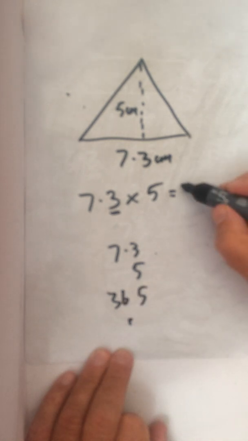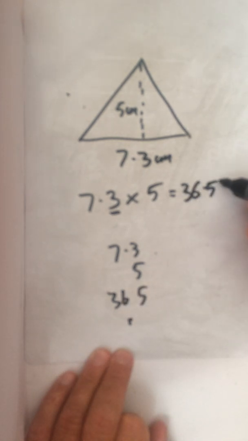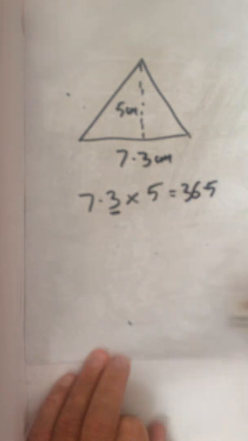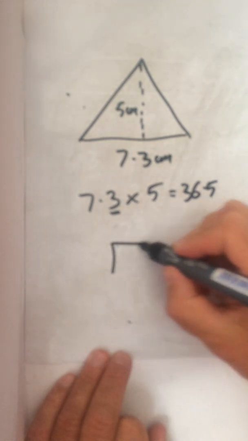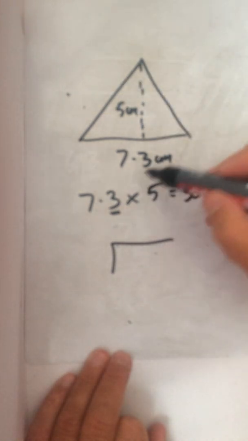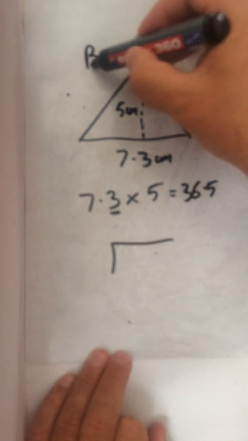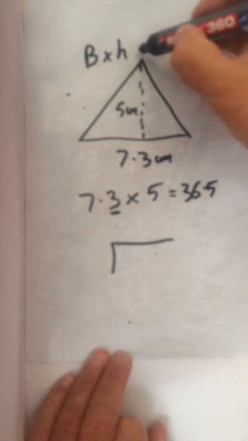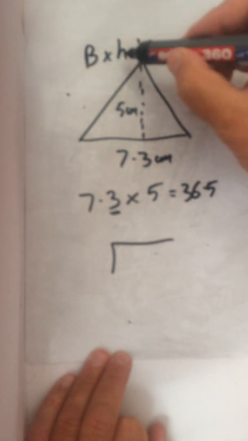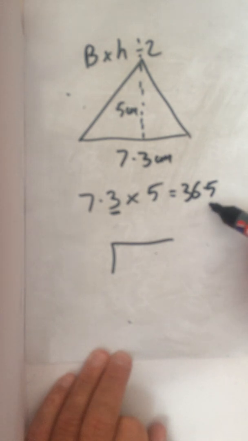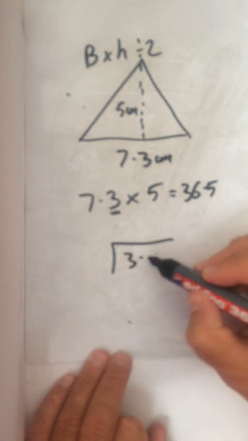So I got 36.5. But of course from there I have to divide it by 2, because it's the base times the height divided by 2. So I've done the base times the height, 36.5. Divide that by 2.